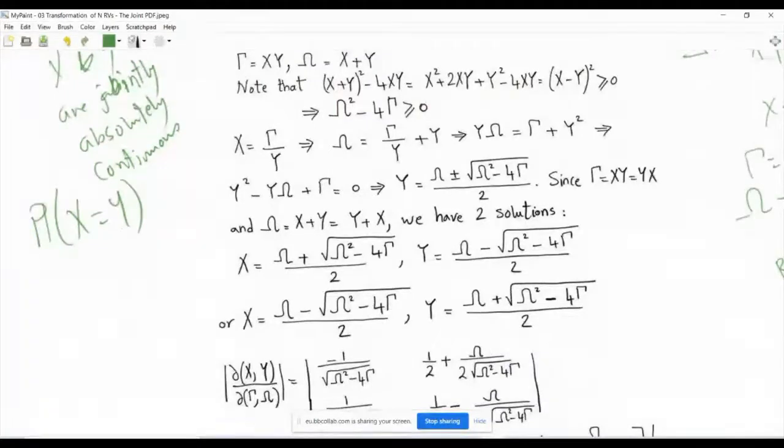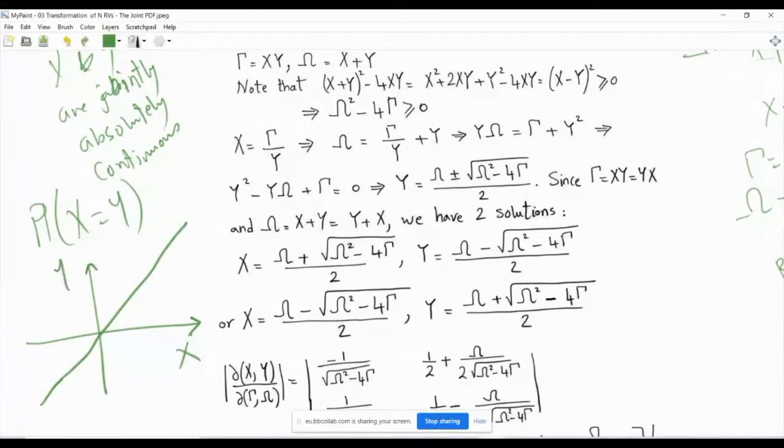Well, it's the probability of a singleton. Exactly, it's not a singleton. It's the probability of this line in the xy plane. It's not just a point. It's a line in the xy plane.